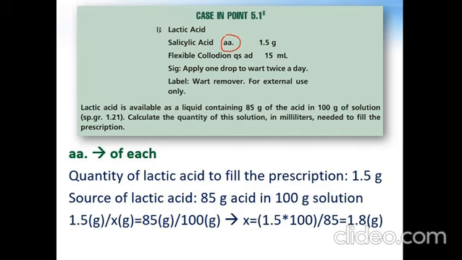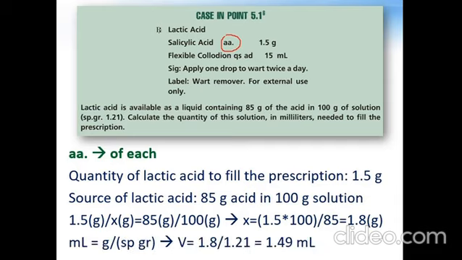So you can build up the equation 1.5 grams per x grams over 85 grams over 100 grams. You need to figure out how many grams of solution you need to get 1.5 grams of lactic acid. And finally you figure out you need 1.8 gram solution for 1.5 gram lactic acid.